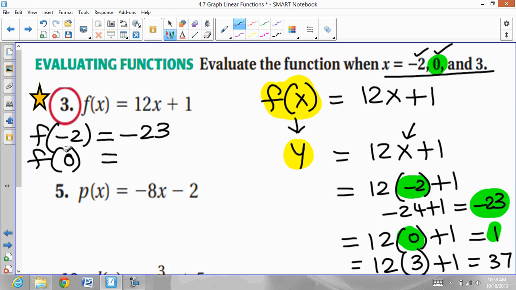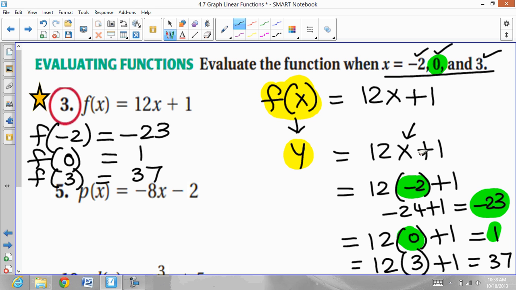So f of 0 gives me a 1. And the last one, f of 3, which means I am taking the third value, when I substitute for my x, my answer came to be 37.